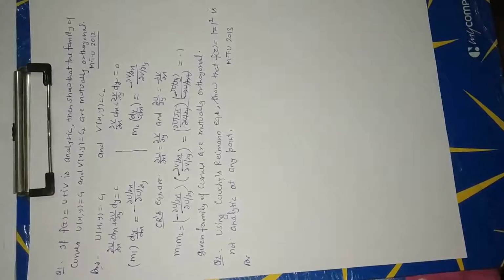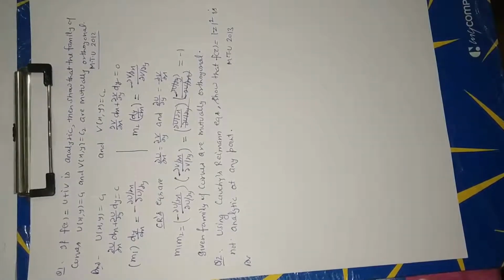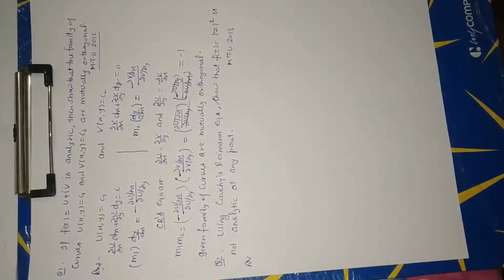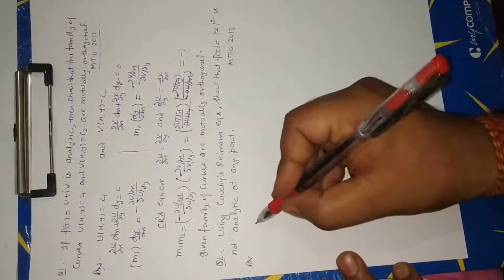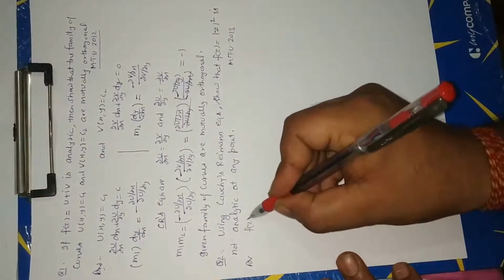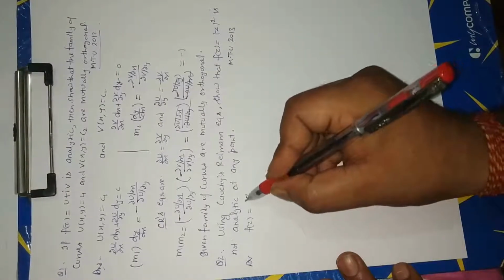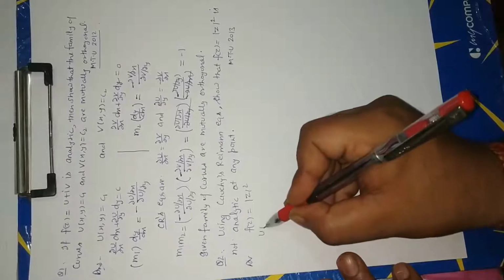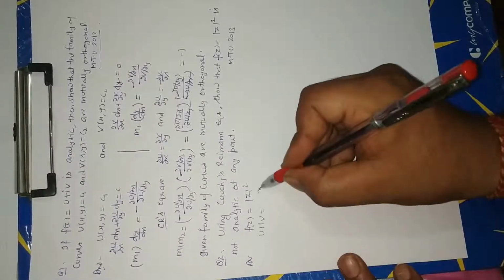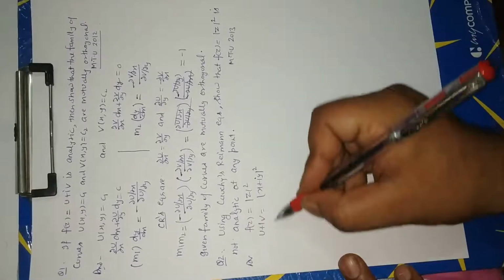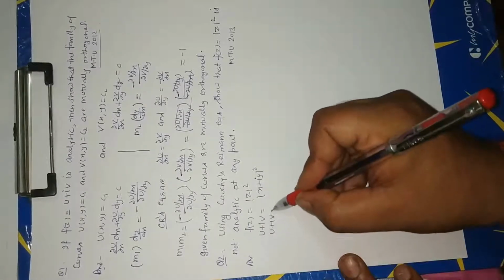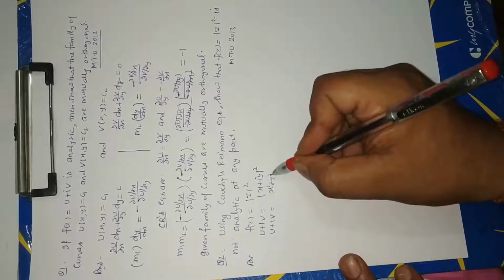Now repeat the question. By using Cauchy-Riemann equations, show that f(z) = |z|² is not analytic. Now f(z) = |z|², so u + iv = |x + iy|² = x² + y².